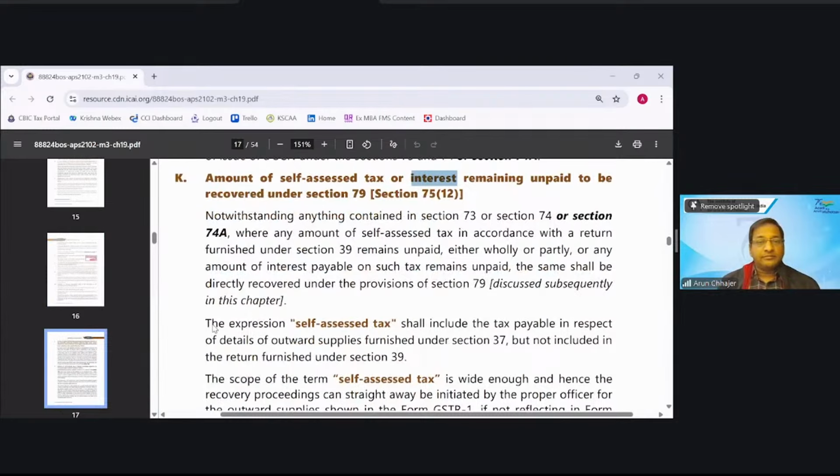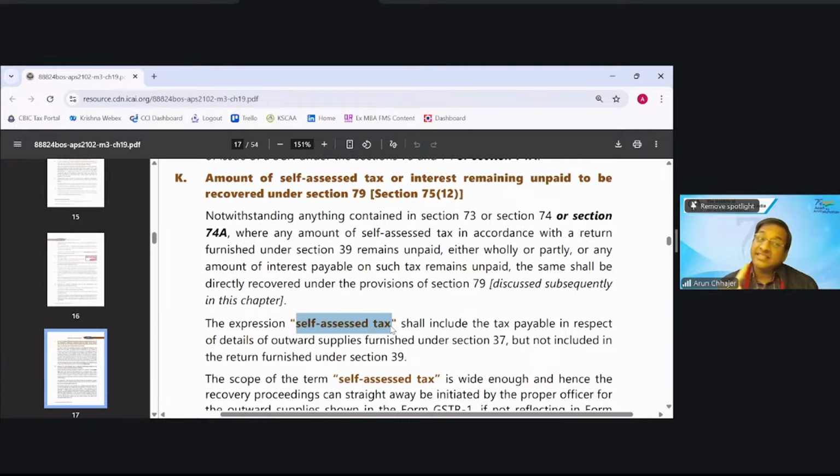This I have already talked about. GSTR 1 means section 37 and GSTR 3B means section 39। ठीक है, सी, इसका मतलब क्या हुआ, notwithstanding anything contained, इसका मतलब क्या हुआ कि जो सेल्फ असेस्ड टैक्स है वो रिकवर किया जा सकता है इवन विदाउट फॉलोइंग द प्रोसेस गिवन बाय 73, 74 और 74A। It means to recover the self-assessed tax there is no time limit.